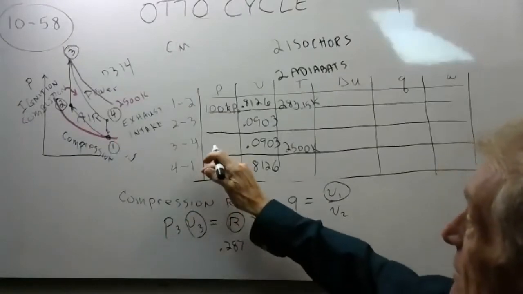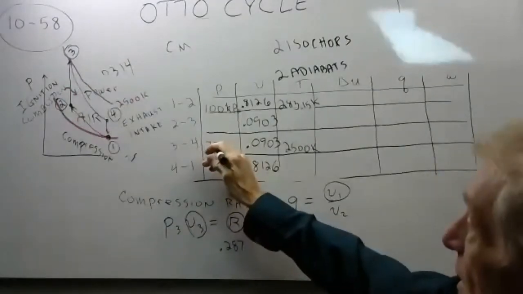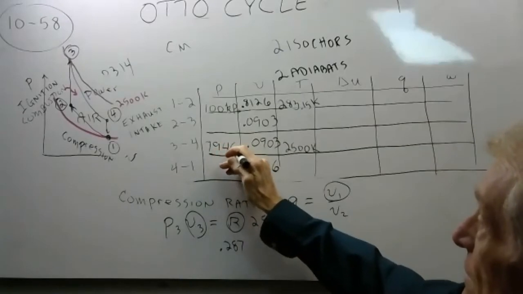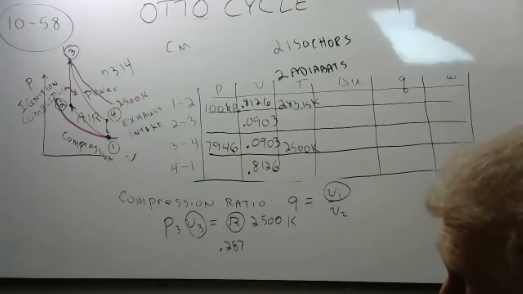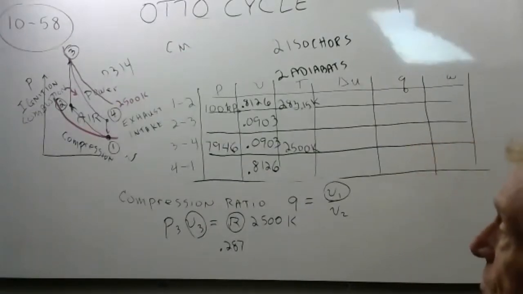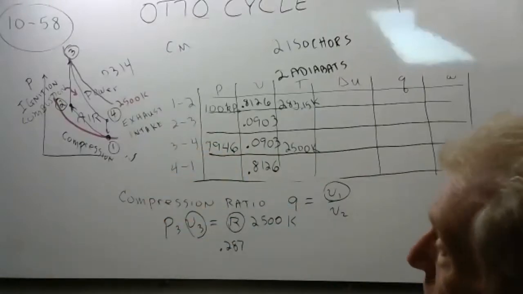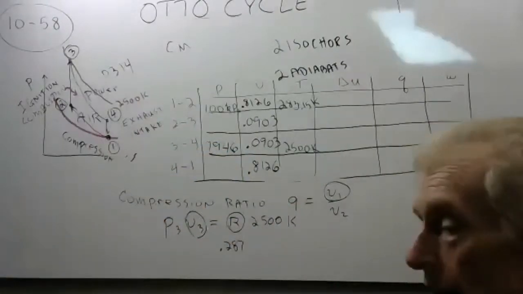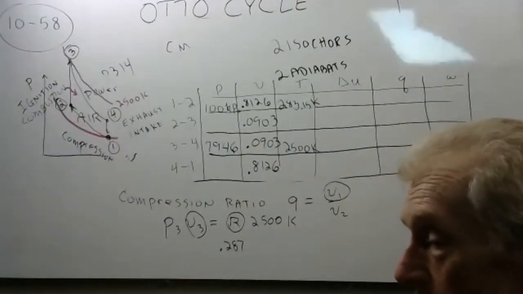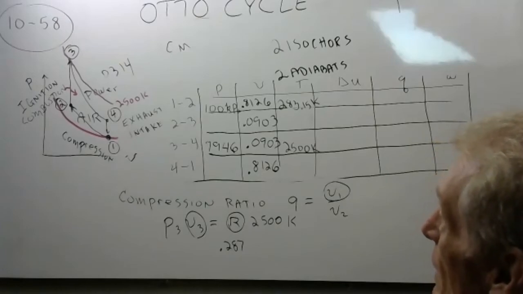It is right. 7,946, I just rounded off, but what you had is precisely correct. But yeah, when that spark plug ignites that gas, boom, pressure goes way up. Okay, well, good.